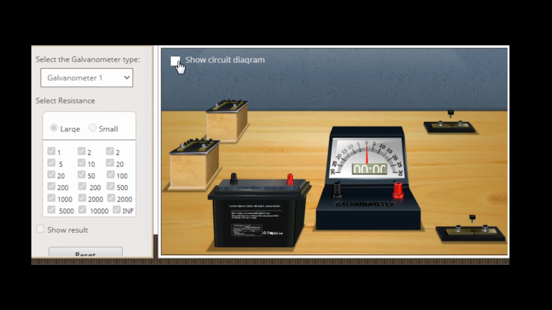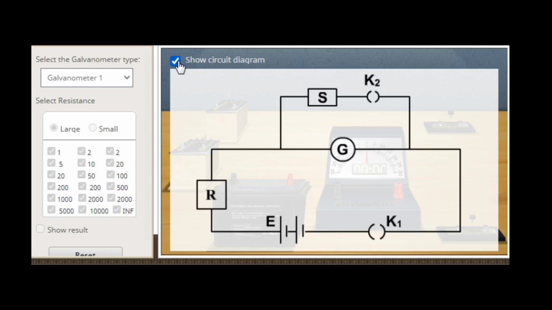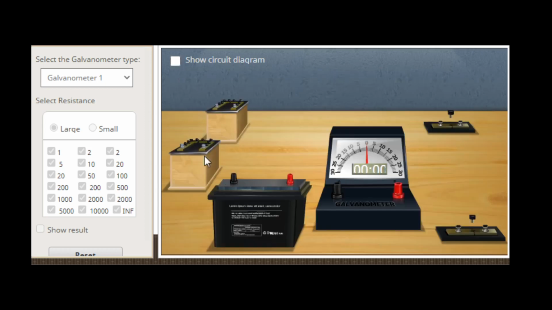To begin with, we'll first draw the circuit diagram, and according to this circuit diagram we'll connect the apparatus.